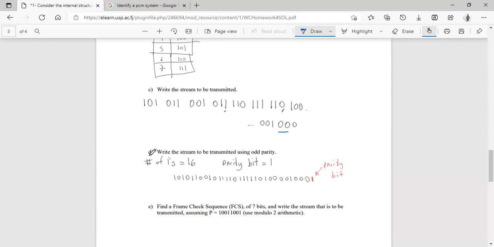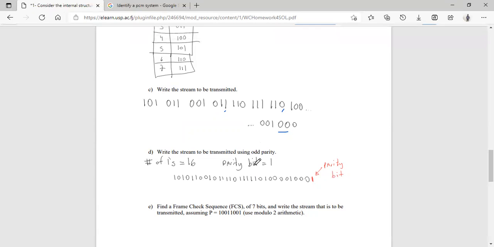Moving on to part B of this question, it says write the stream to be transmitted using odd parity. By odd parity, we check the number of ones in our code. We write the code as it is up till here.